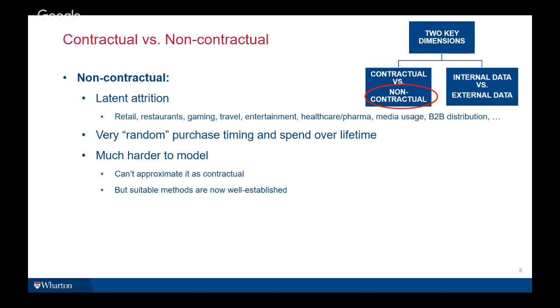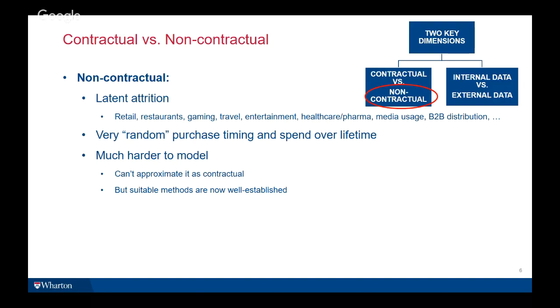So at non-subscription businesses, we really have three main challenges. The first is we don't get to observe when customers churn. If I soured on J.Crew as a brand, I'm just going to simply stop making purchases. I don't need to tear up a contract or anything like that.